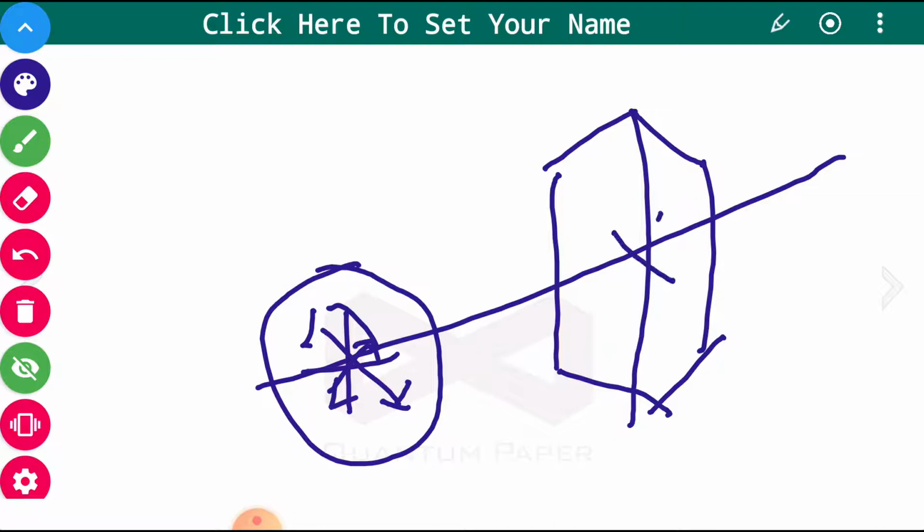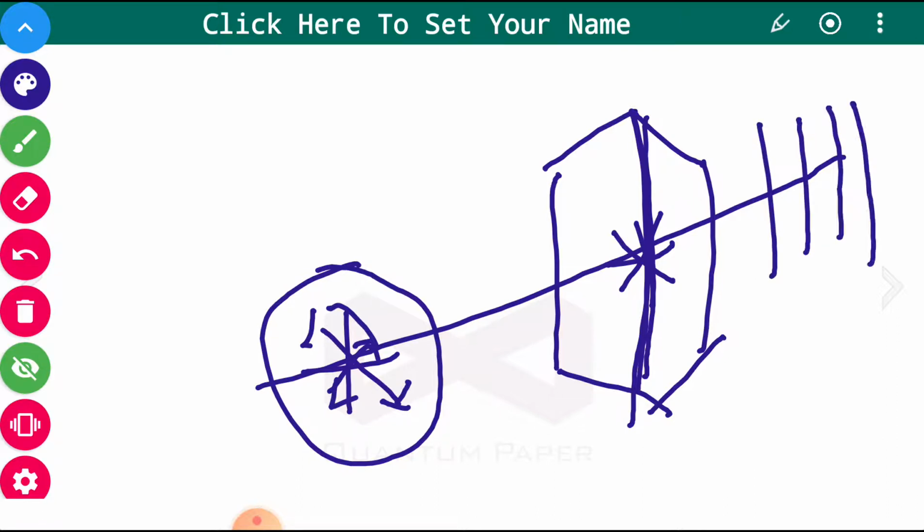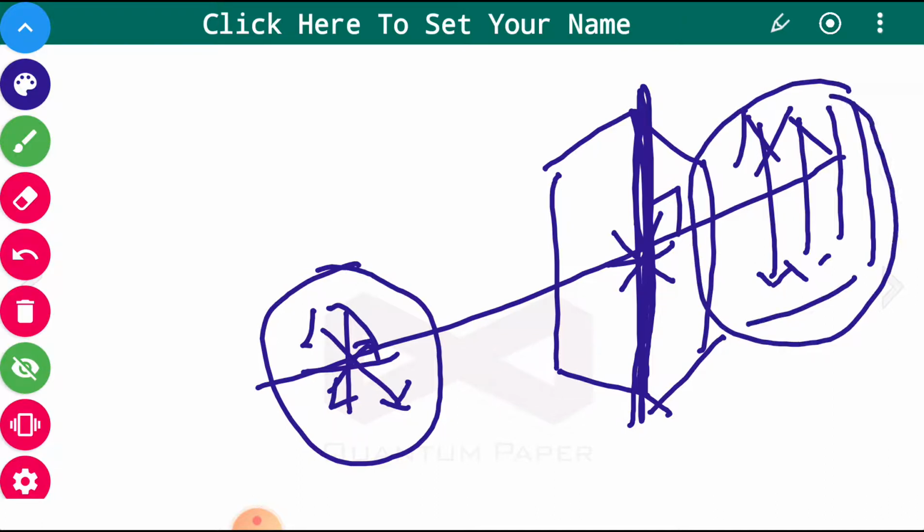Now when this light falls on the tourmaline plate, the E vectors which are parallel to the optic axis will come out, and for all other E vectors, the component in the direction of the optic axis will come out; the rest is absorbed. So the light you are getting has oscillation of the electric field vector in one particular direction, and this light is polarized light.